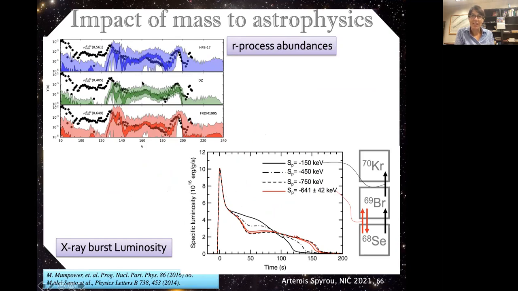And so you can see the impact or the reason to go and measure masses because we need them to constrain our models. And this is another example where the masses fall into the proton separation energy. And so you can see for various values of these proton separation energies, you get a completely different distribution of light. This is the luminosity in X-ray bursts. So you can see how masses are important. There are many other examples, of course.